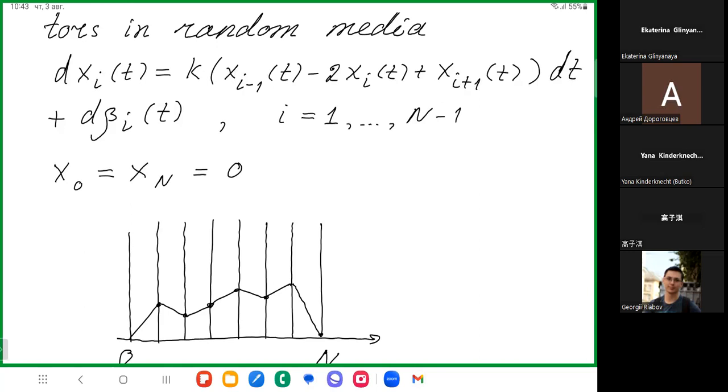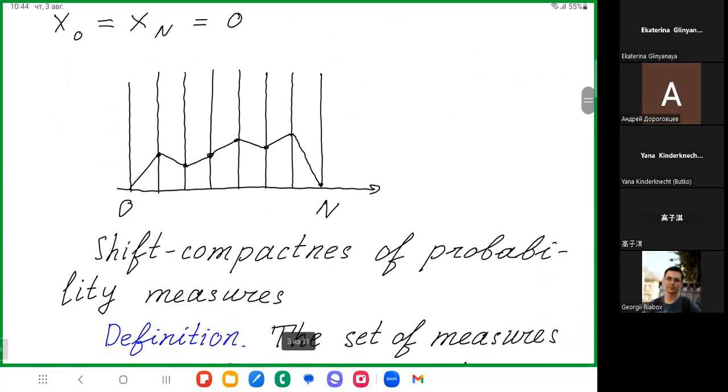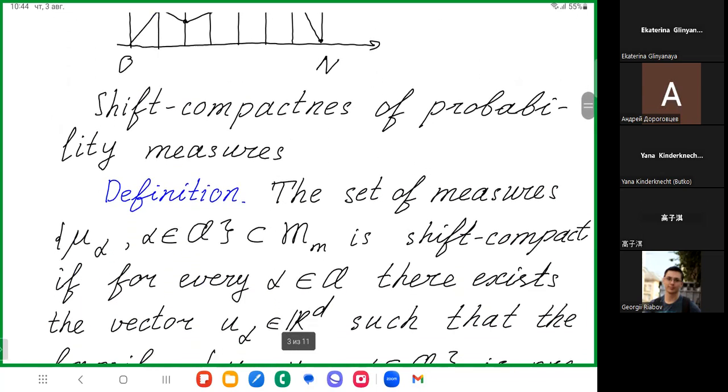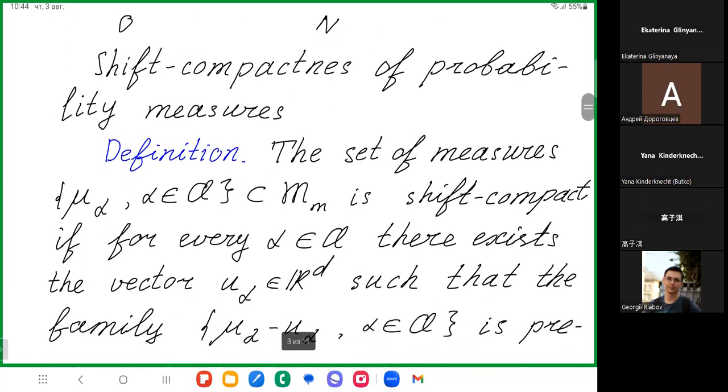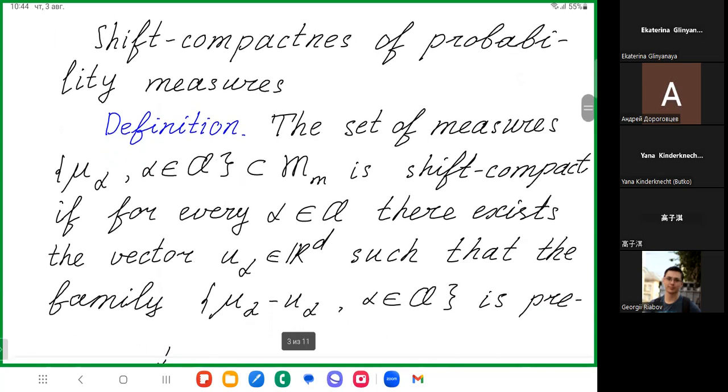So let us make some definitions which correspond exactly to this behavior. And now we will consider shift-compactness of probability measures.